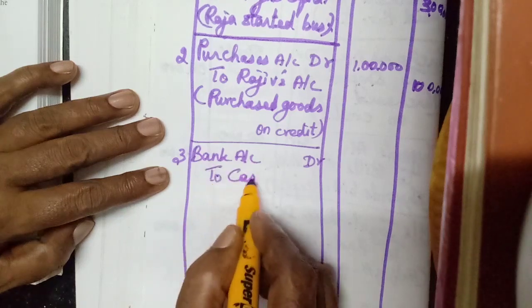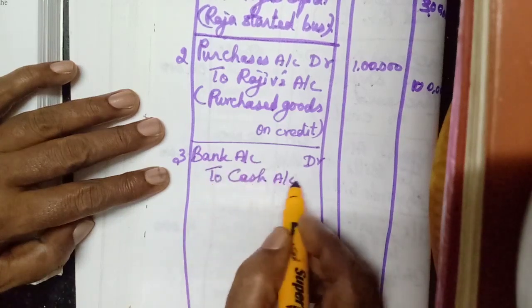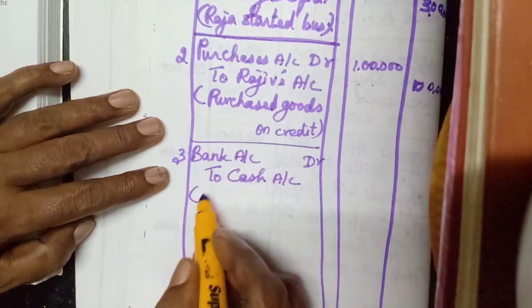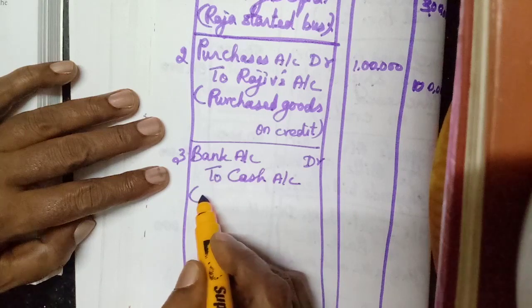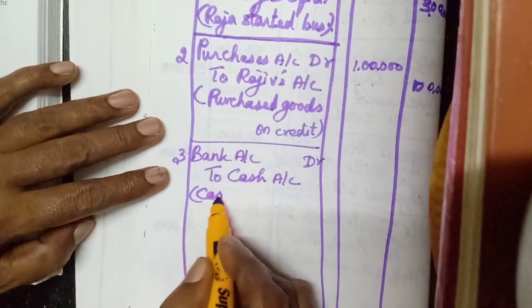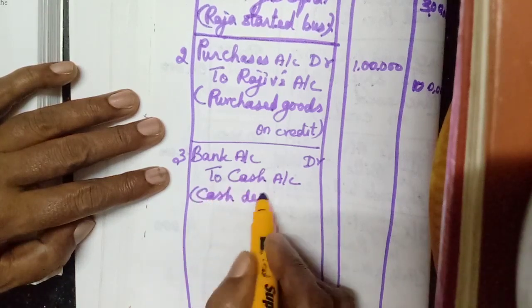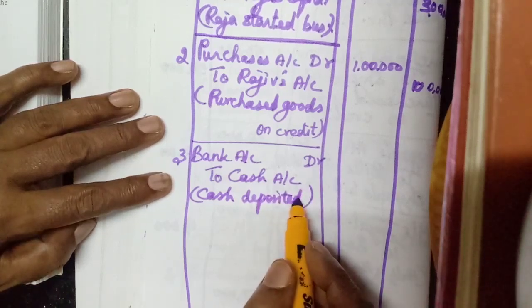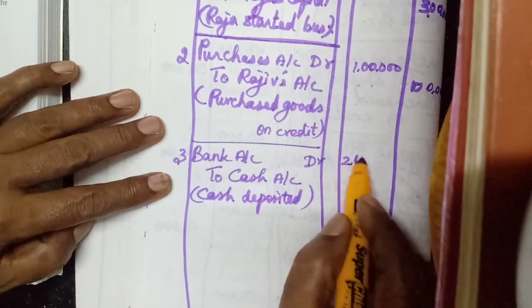Cash. So cash should be credited. Credit what goes out, okay, for the real account. Then cash deposited. 2 lakh.